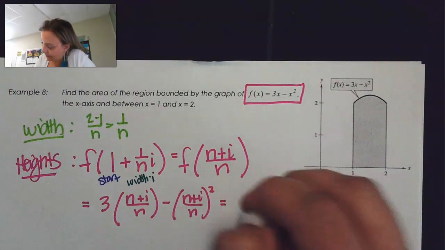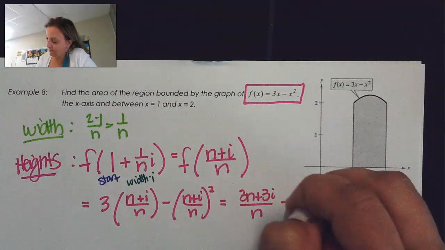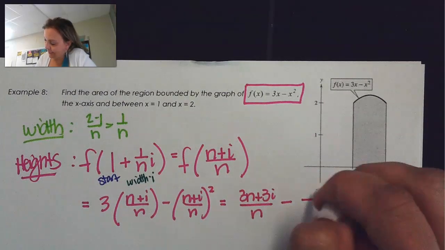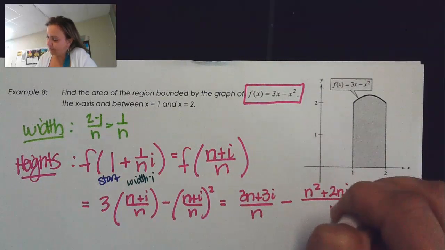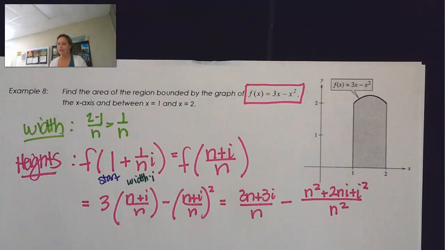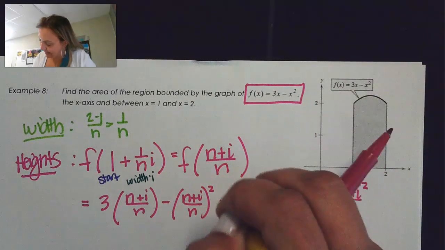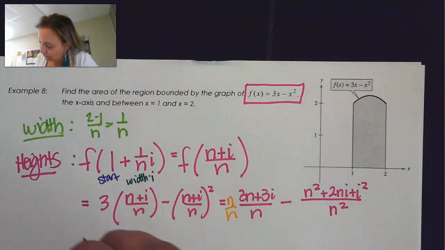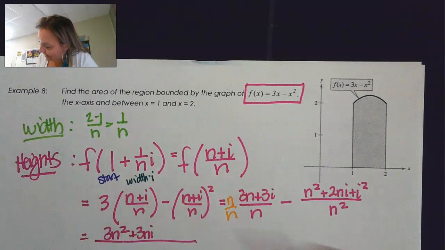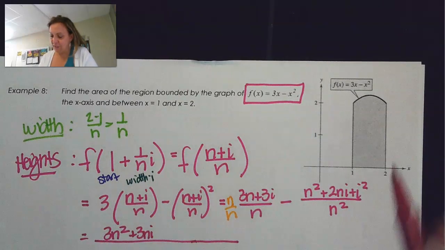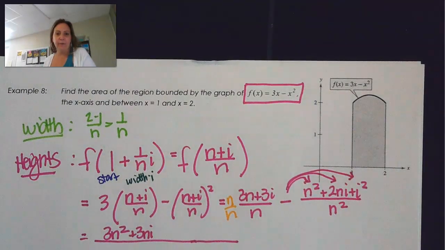Okay, so if I distribute here, that's going to be 3n plus 3i all over n, minus n squared plus 2ni plus i squared over n squared. Okay. And now to make common denominators, I see I'm going to have to multiply this by n over n. So this is going to be 3n squared plus 3ni, and then let's make sure that we're distributing this negative everywhere as well.